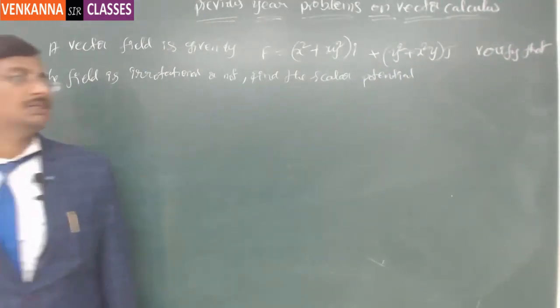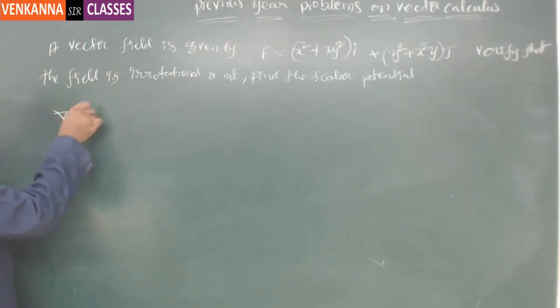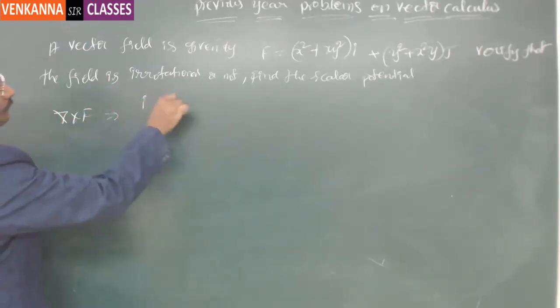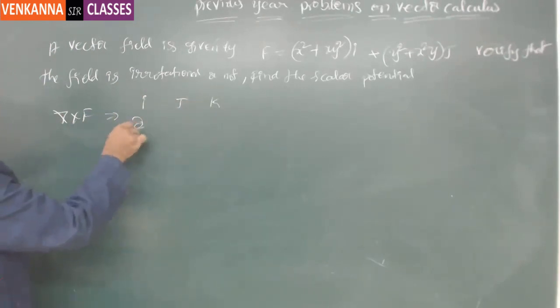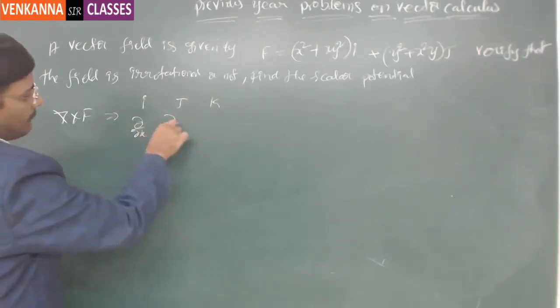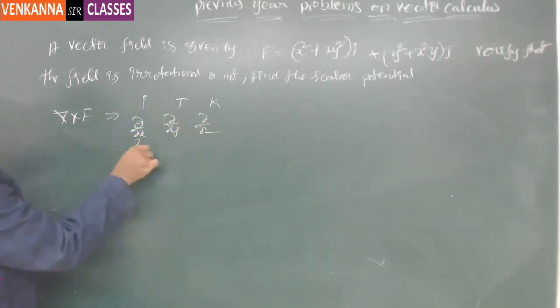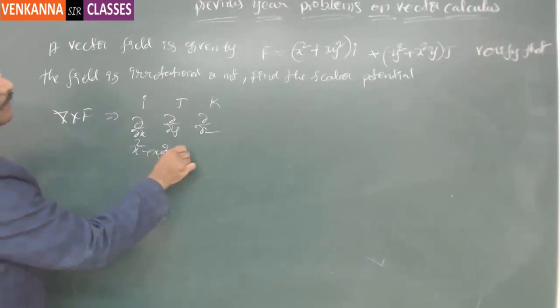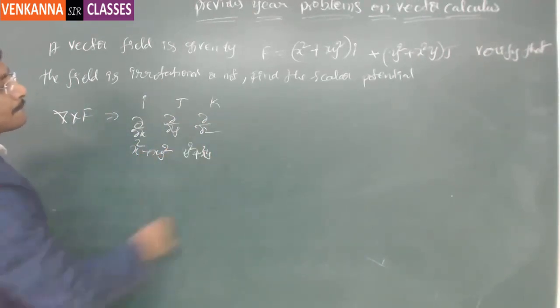There is no confusion in this. So we are asked to find del cross F. So del cross F is the determinant with i, j, k, dou by dou x, dou by dou y, dou by dou z, and x square plus xy square, y square plus x square y, and 0.